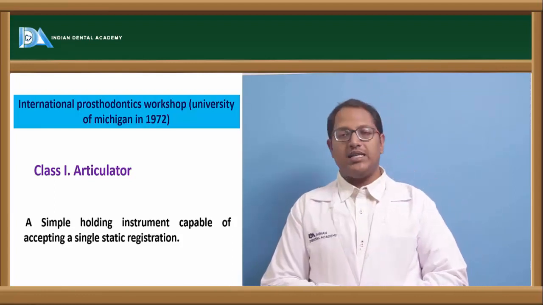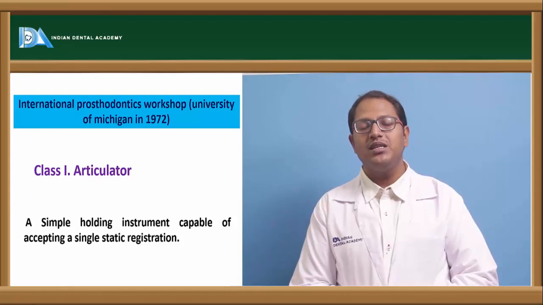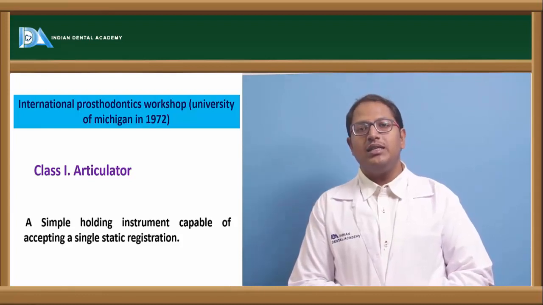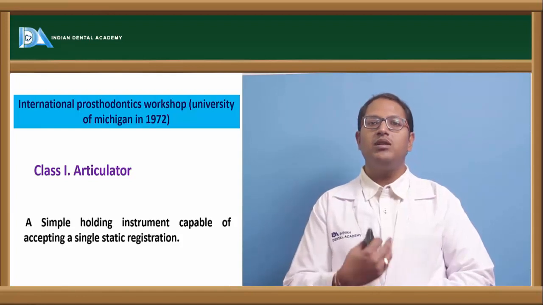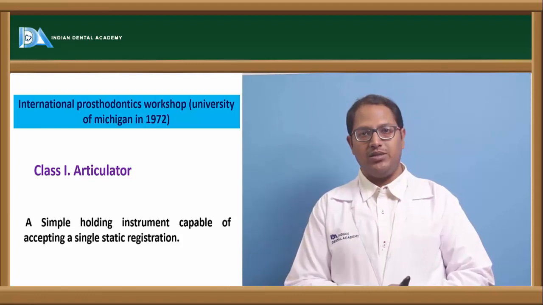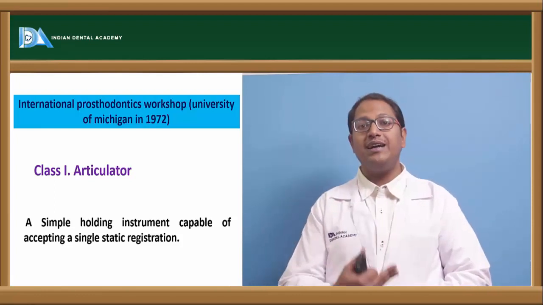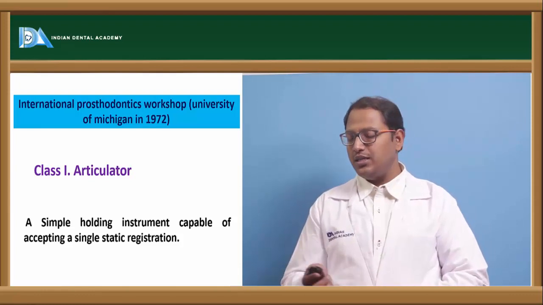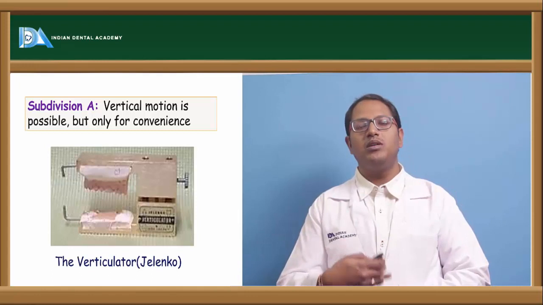Coming to the first classification of articulators, which was the earliest in history when articulator was discovered. That time the only thing in everybody's mind was the vertical movement possible. No horizontal, nothing. Only a vertical movement is possible. So those kind of articulators which accept a static registration are class 1 kind of articulator, where only vertical movement was possible.